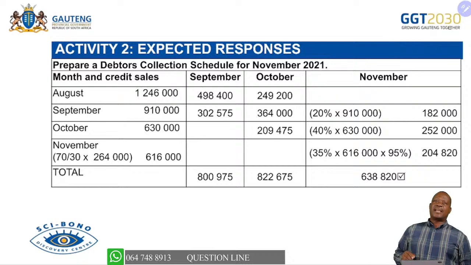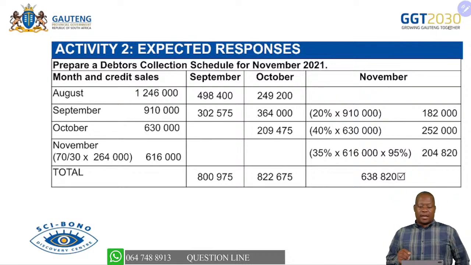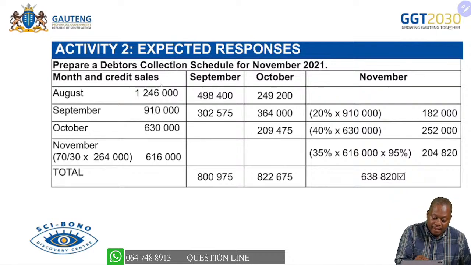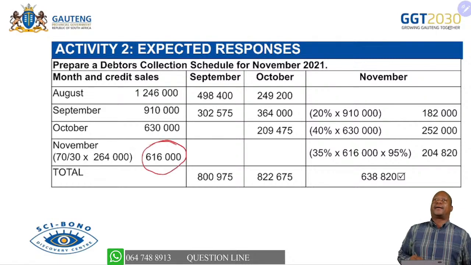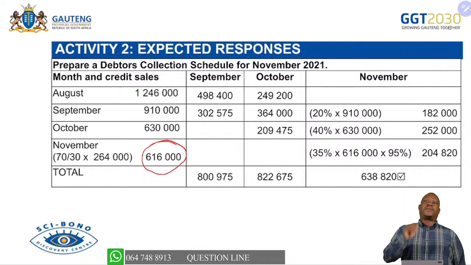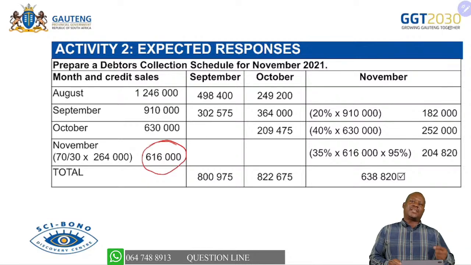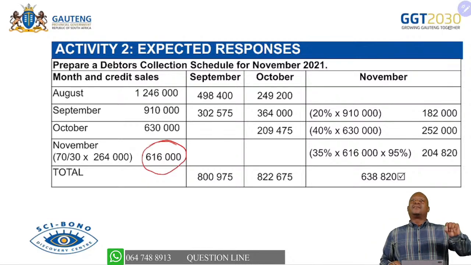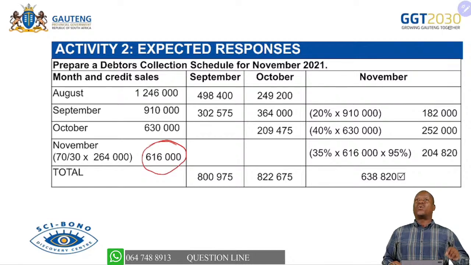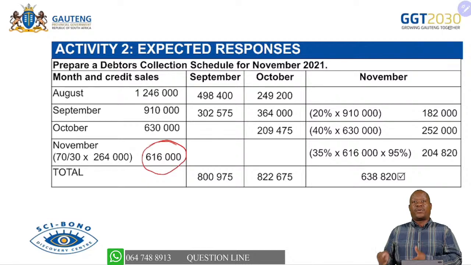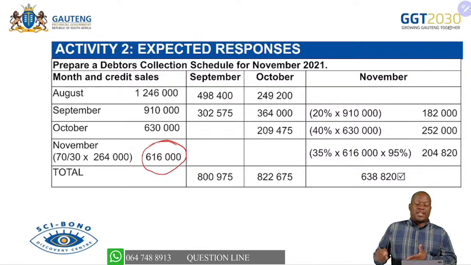The first thing that they wanted us to do is to calculate the figure for credit sales. How do we get to the credit sales? Remember, the question specified to say 70% of all the sales are on credit. And we deduced that 30% is cash.